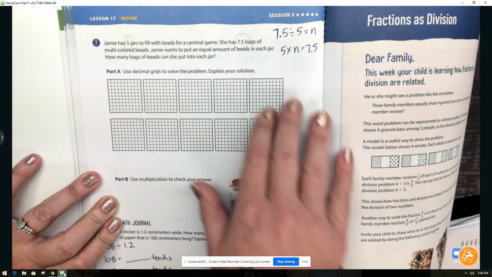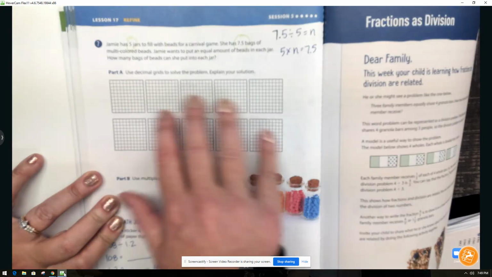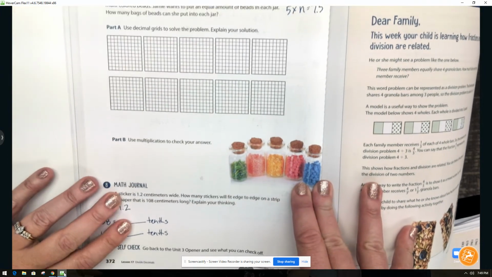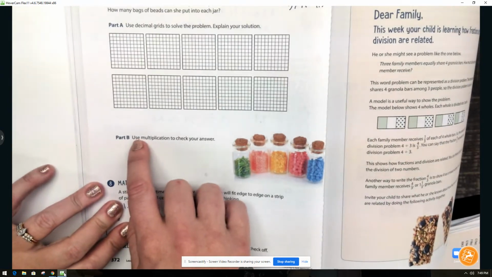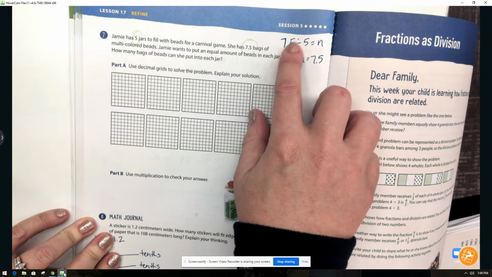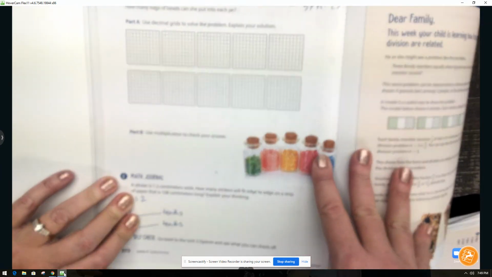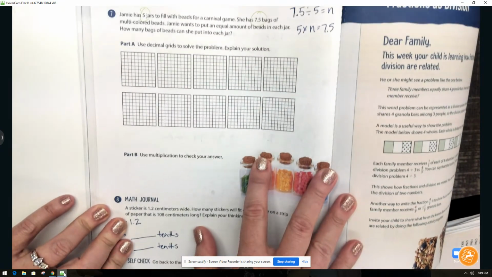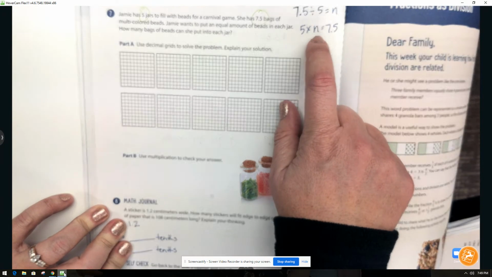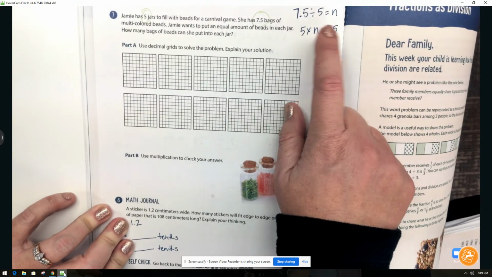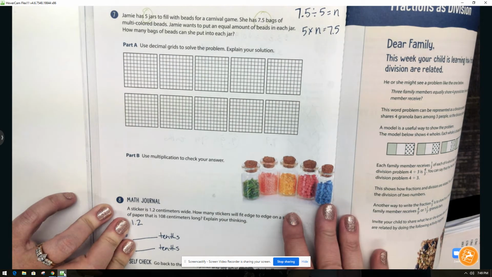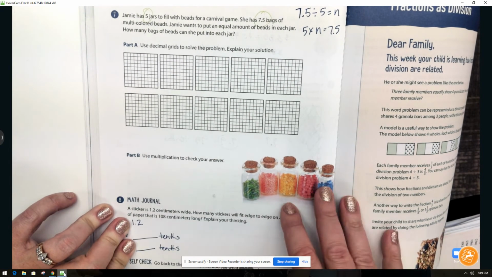So you're going to figure that out. So you're going to shade it all in and then break it into 5 equal parts. Then, don't shade it all in, but you're going to need to shade in 7 and 5/10 worth. Then you're going to use multiplication to check your answer. So make sure that whatever answer you get, when you multiply it times 5, you get 7 and 5/10. And you'll do that down here in part B.